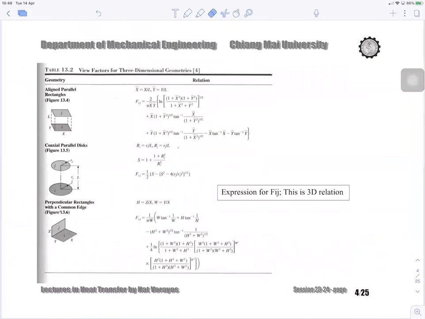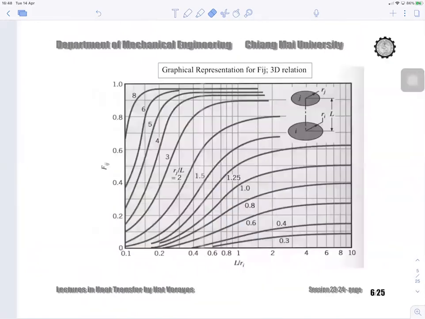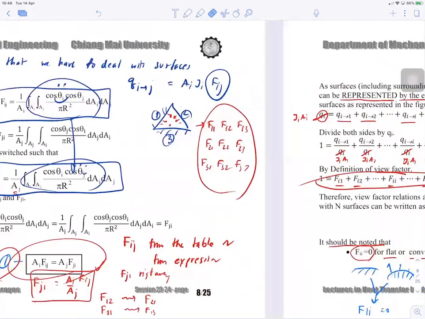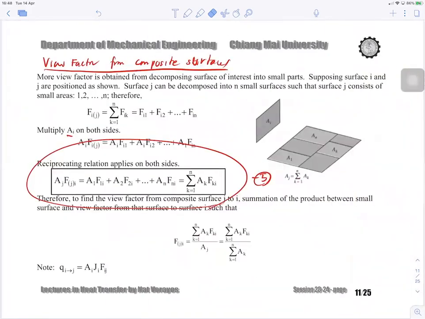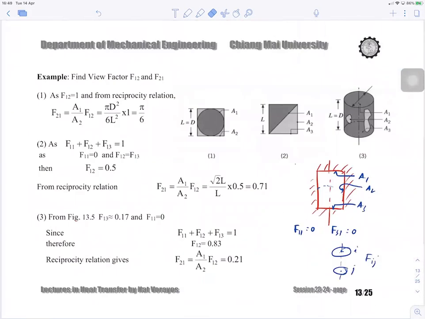Depends, what's your preference? And that's getting back to the problem at hand, right? So you can find F13, and the same thing is going to happen with F31.